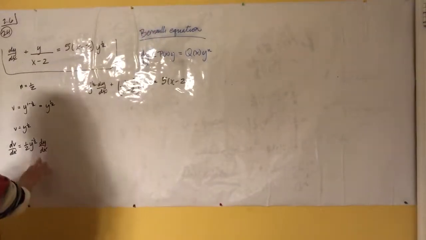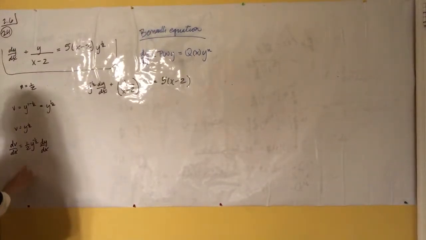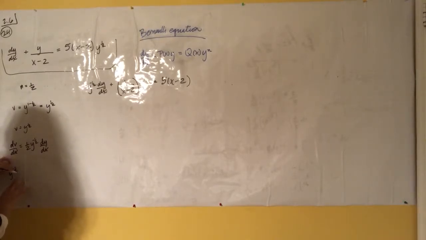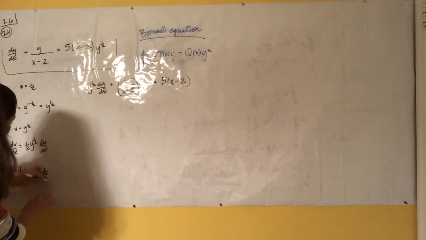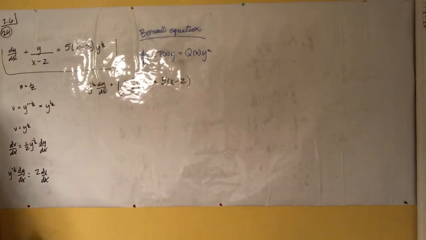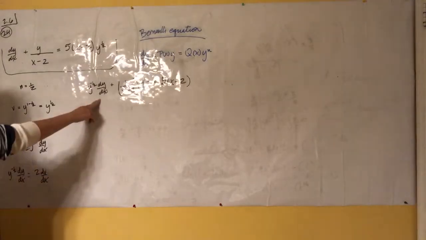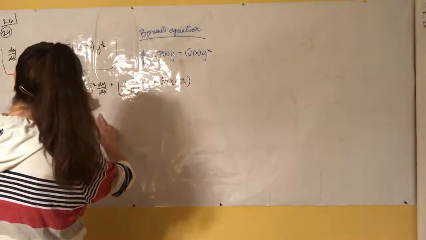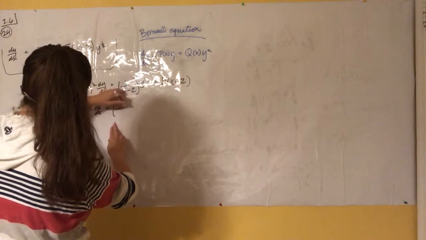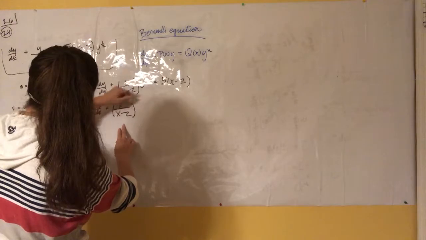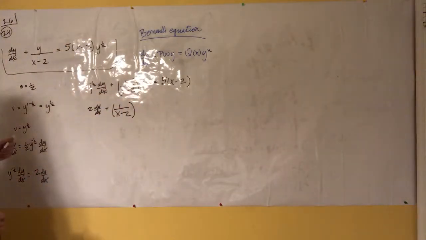So over here we found that y to the negative 1/2 dy/dx is equal to 2 dv/dx, and you can use that to substitute in there. 2 dv/dx plus 1 over x minus 2, y to the 1/2 is equal to v.